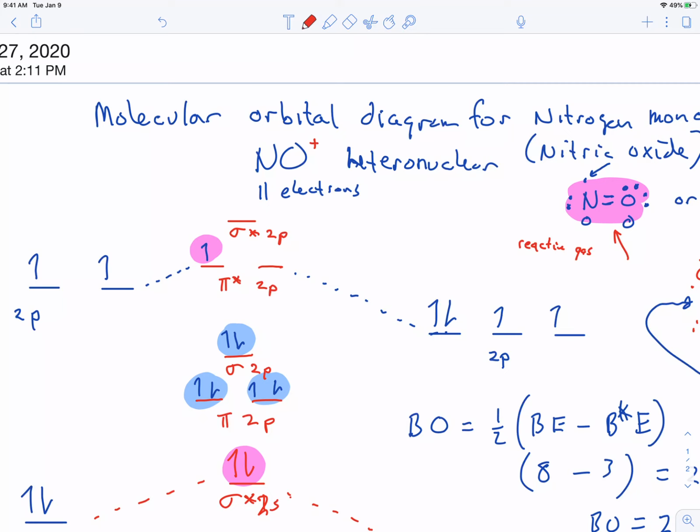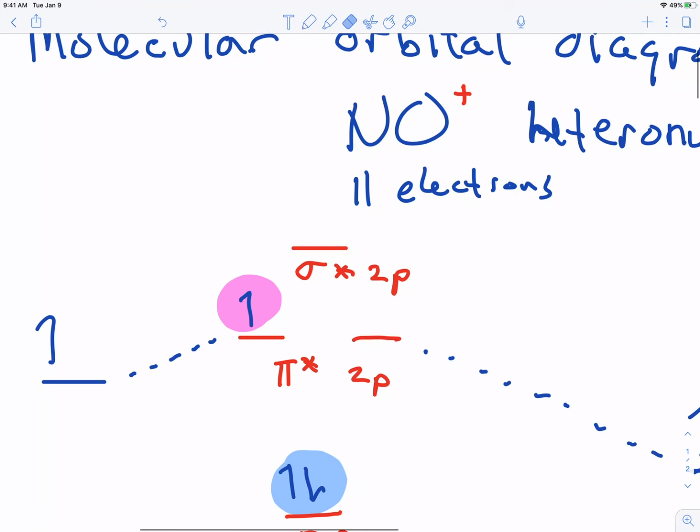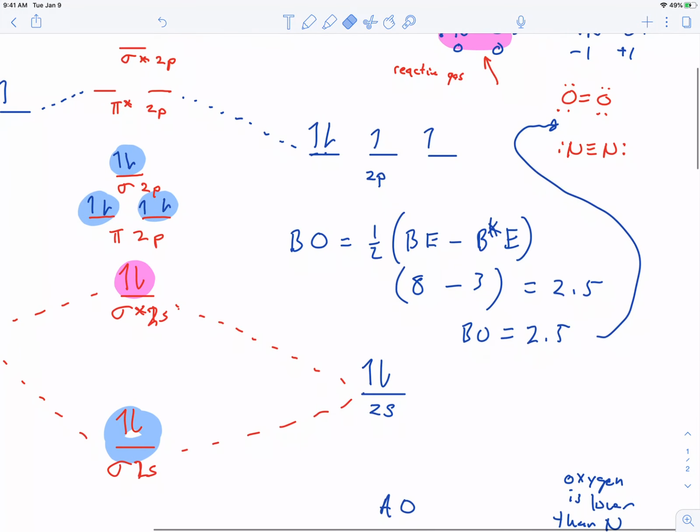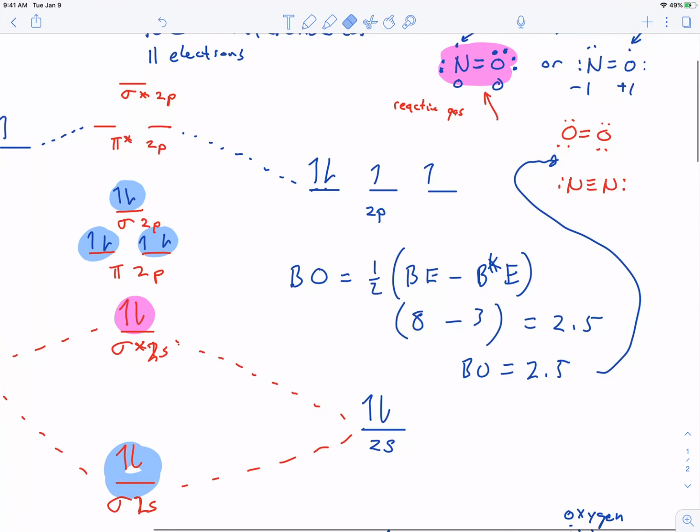So let's take a look. If we were to take this electron away, what would happen? Well, now our bond order would be 8 minus 2, divided by 2. That gives us a bond order of 3.